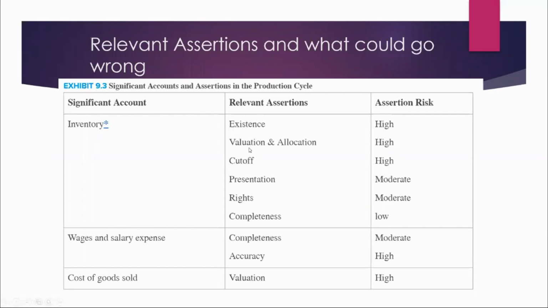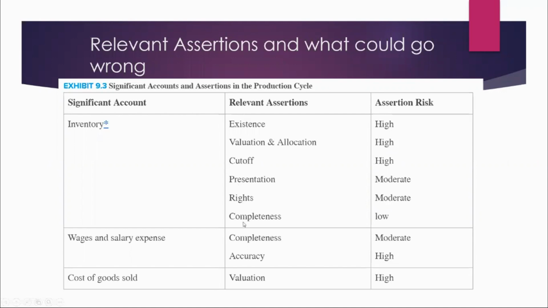Valuation. This is the idea of lower of cost or market: are we going to be able to sell the inventory for the amount of money we have into it, or are we going to have to take a loss on that inventory? Cutoff: making sure that the inventory is recorded in the correct period. That is also an issue. Presentation: is it raw materials? Is it work in process? Making sure that it's recorded in the correct place. Who owns the inventory is also important.